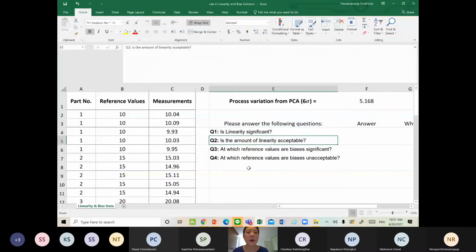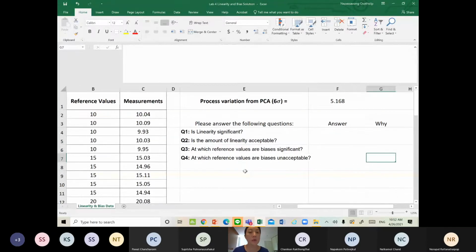If yes, is the amount of linearity acceptable? Third, at what reference values is bias significant? And the last question is, at which values is the bias unacceptable? Then you can put your answers onto this Excel file.